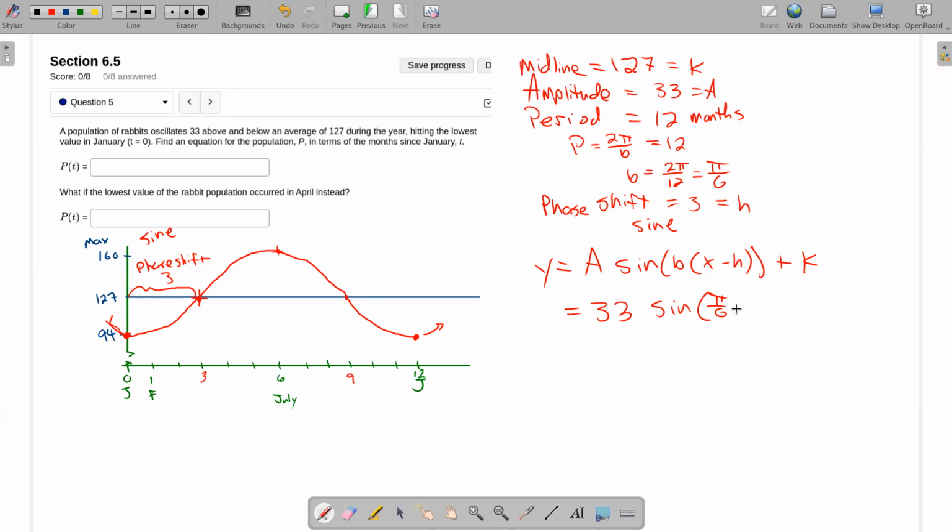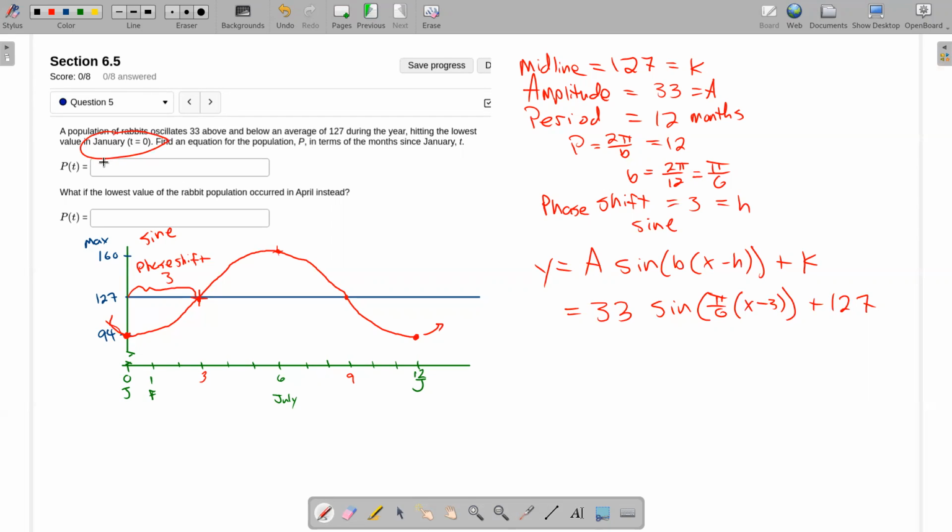To get things to start off in the right spot, I need to shift that over, parentheses x minus 3. And to get it to the right midline, I have to add the 127 on the outside. So that should be this rabbit population given the right phase shift and the other information, if we start off at January, t equals 0. We'll worry about April in a minute.